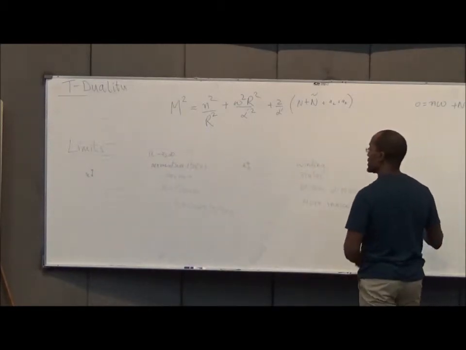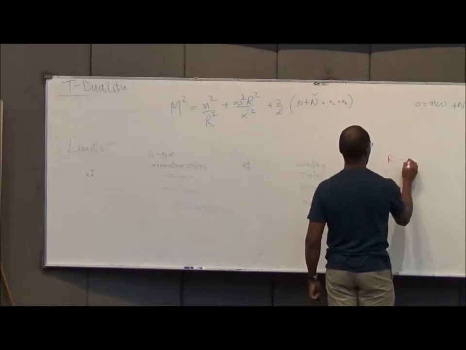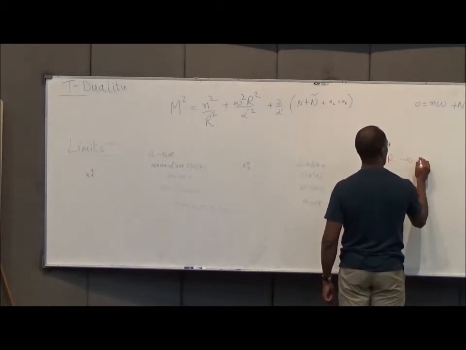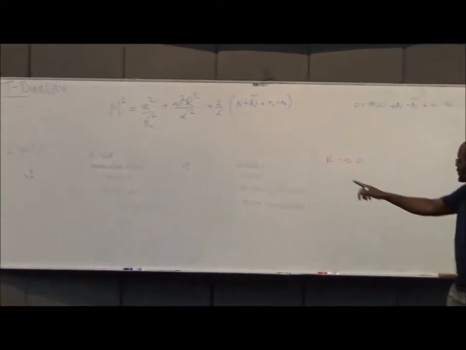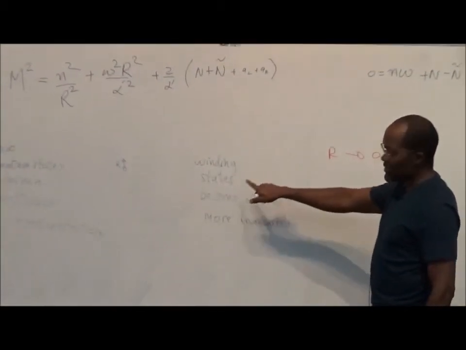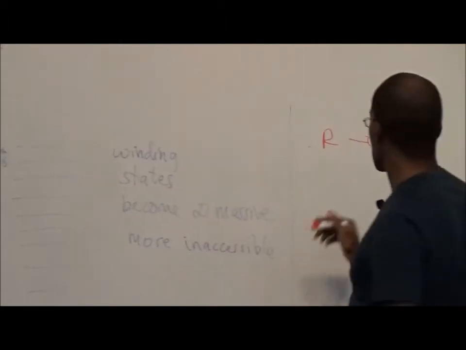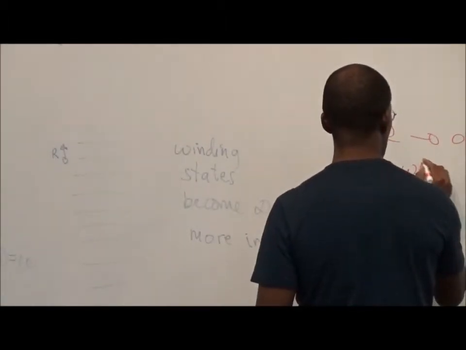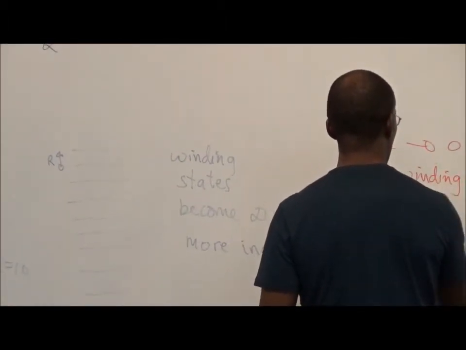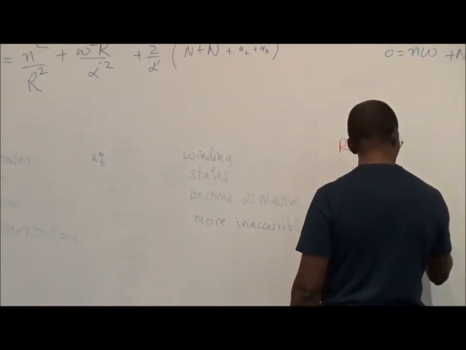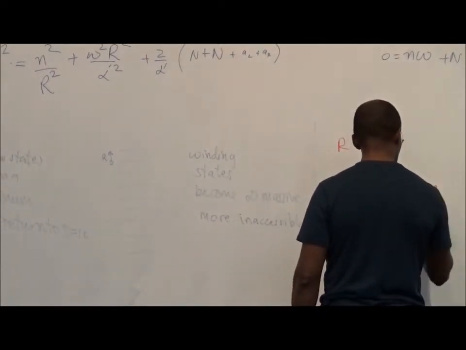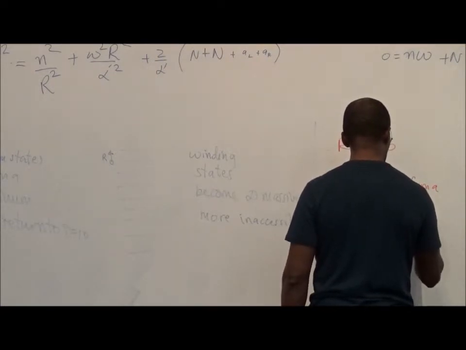So let's do it in a different color. R goes to 0. Well, you can kind of see what's going to happen. Whatever I said about the momentum states, I now say about the winding states. Right? The winding states form a continuum. They become massless.